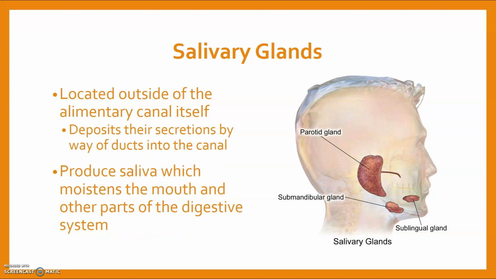The salivary glands, again, are accessory organs, so they're located outside of the alimentary canal. What they do is deposit secretions by way of ducts, these little tubes, into the canal. The salivary glands produce saliva, which helps to moisten the mouth and other parts of the digestive system.